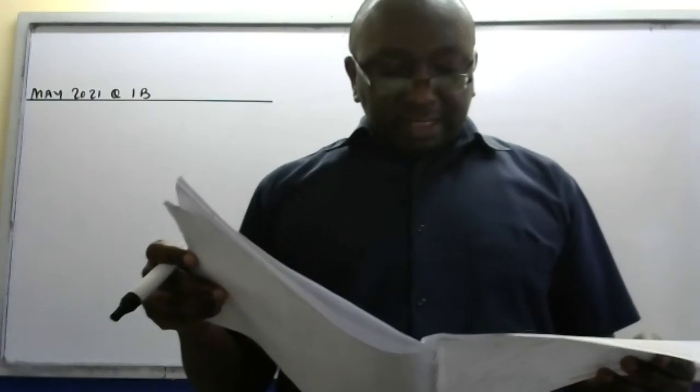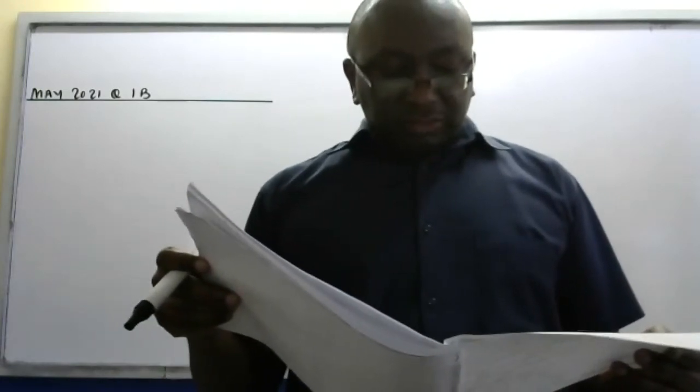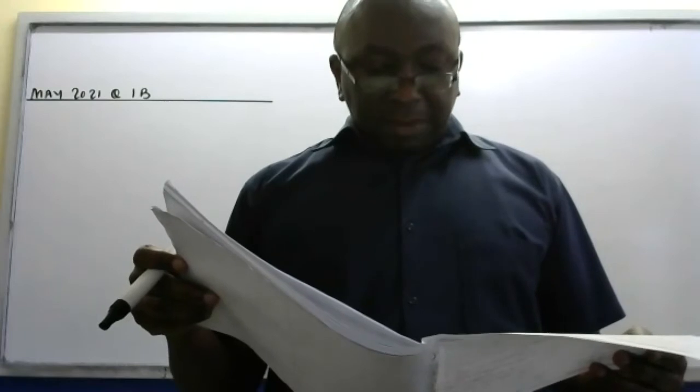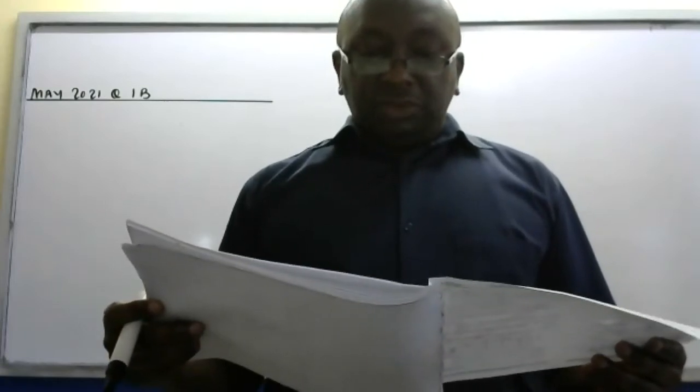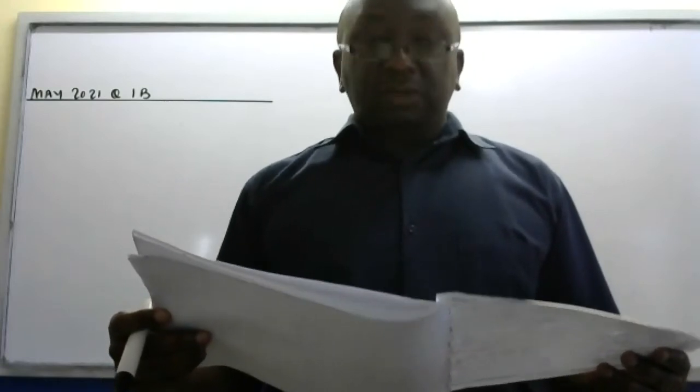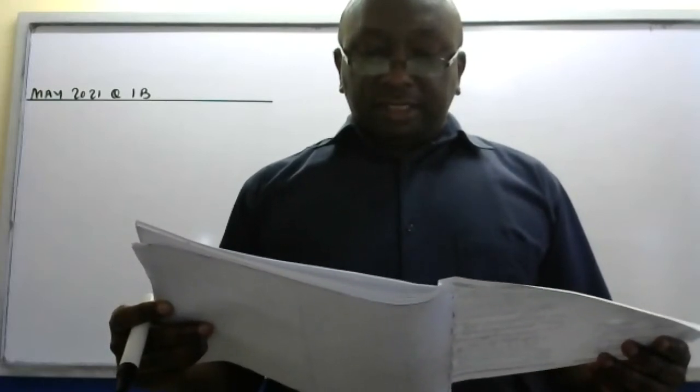The company estimates that its marginal cost in thousands of shillings could be presented by the following function. MC is given by that, where MC is the marginal cost, X is the number of computers assembled.